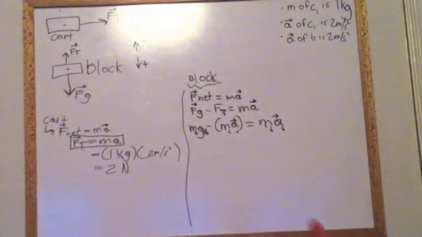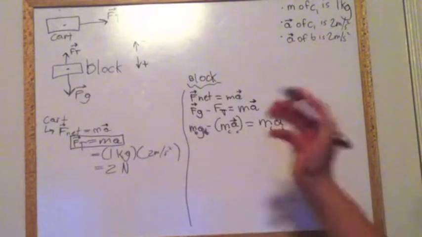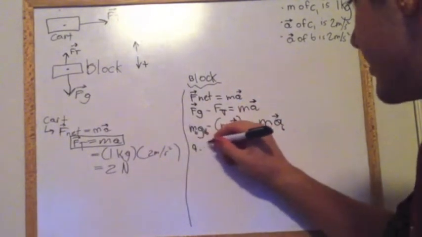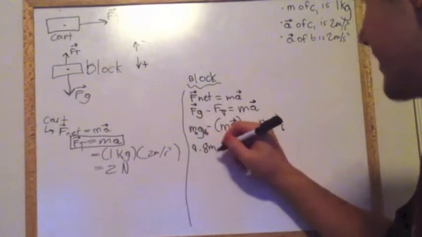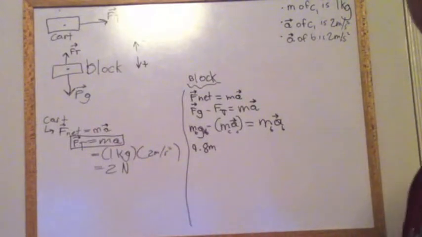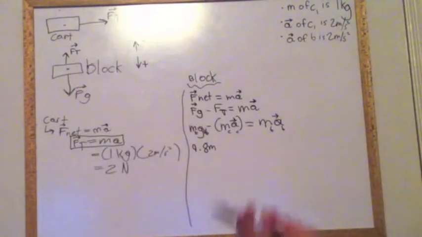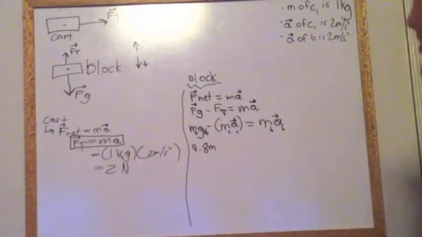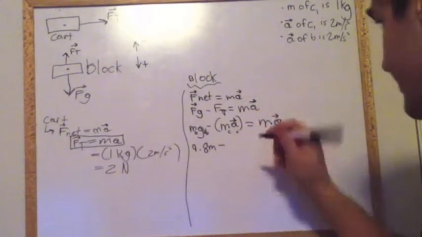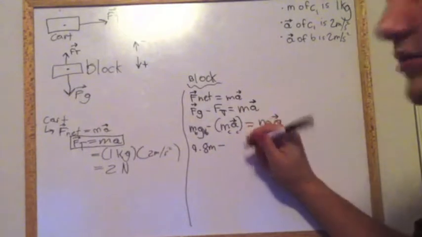Believe it or not, from this equation we can derive the mass of the second block, and we can do so by simply plugging everything in now. We don't know the mass, but we do know gravity. Gravity is 9.8 m. And don't plug in units, there's no point. We know it's supposed to be a mass, so we can leave it without, because we know it's going to be kilograms at the end. So 9.8 m minus ma, and we do know both of these.